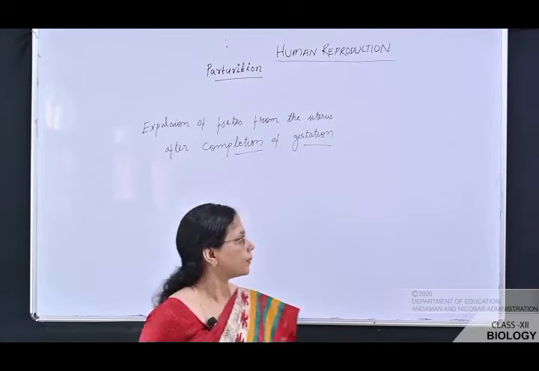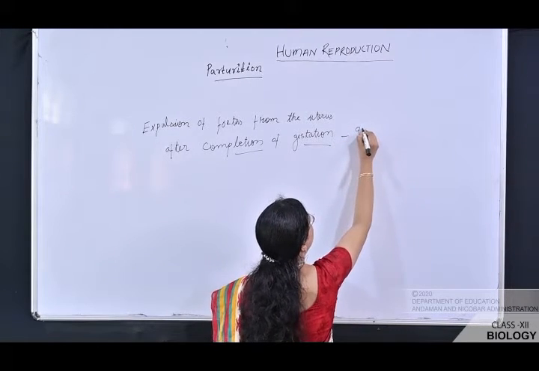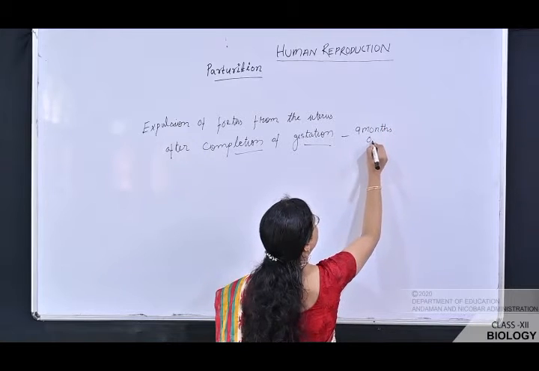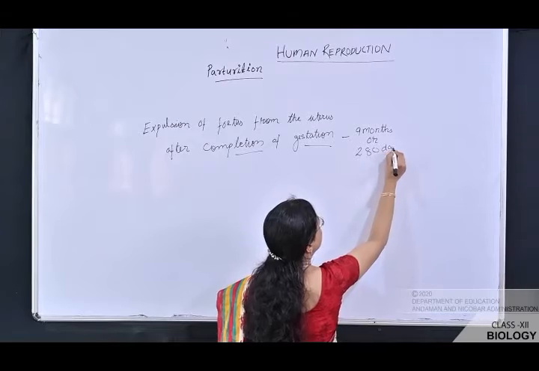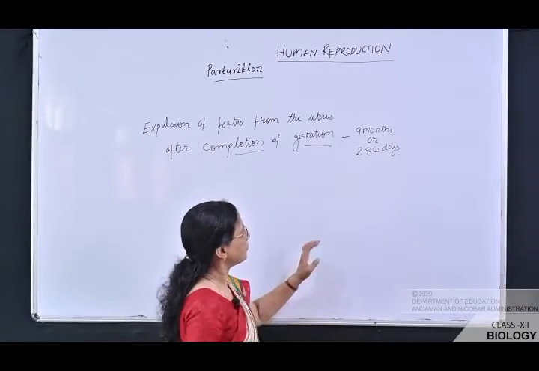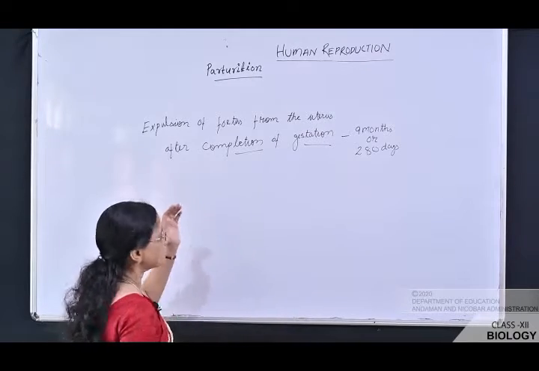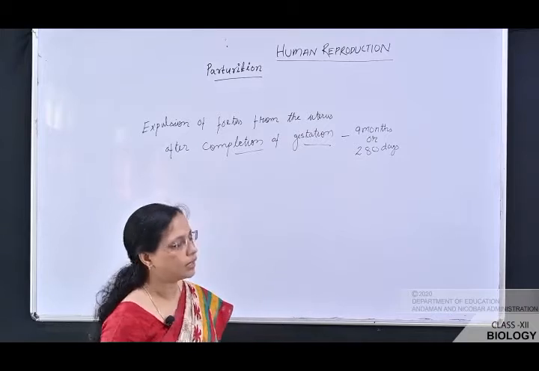That means the pregnancy period of a human female is about 9 months. When we count in days, it is 280 days. That means in 280 days or 9 months, the fetus completes its development and is expelled out of the uterus.